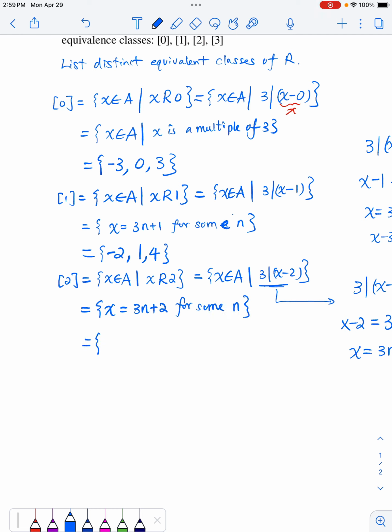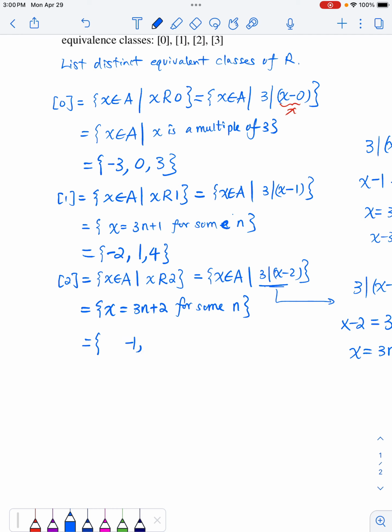And then again, using the trick, you can try and error. Try the negative first, okay? When n is negative 1, do a little algebra: 3 times negative 1 is negative 3, negative 3 plus 2 is negative 1, right?